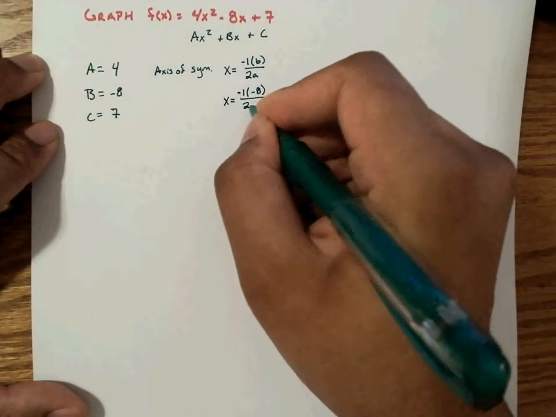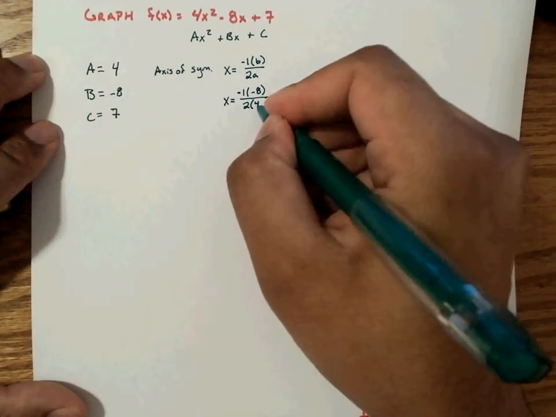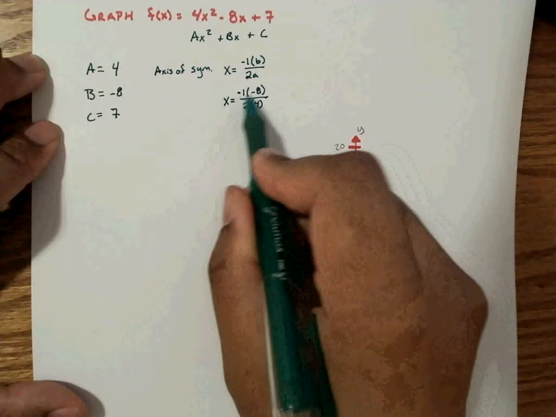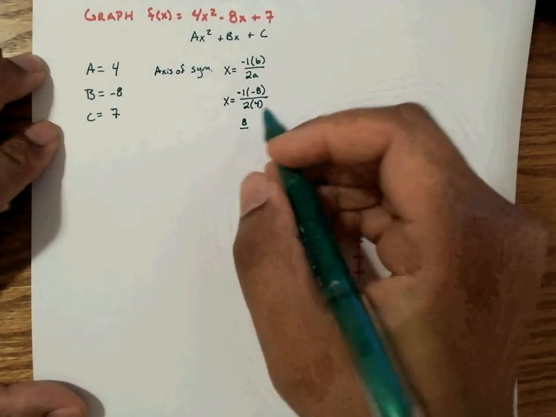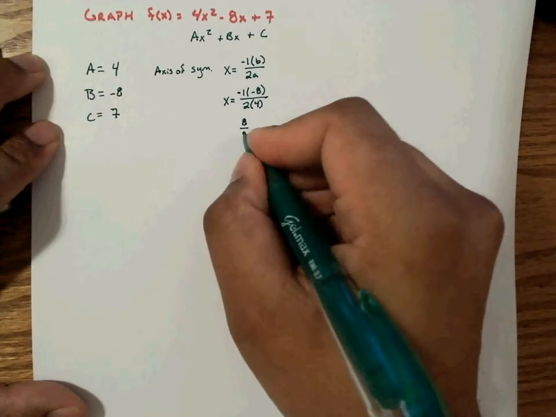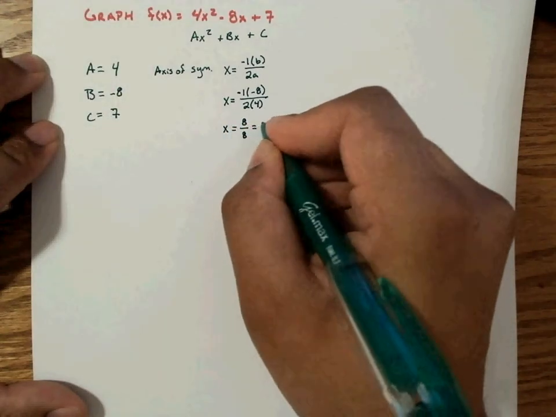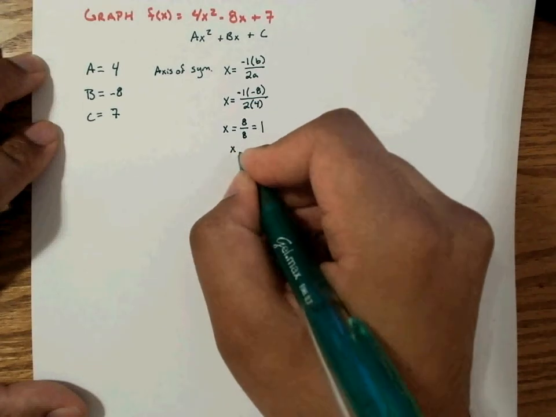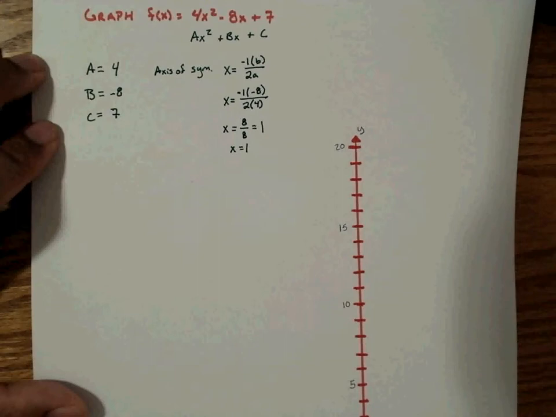We'll divide by 2a, and a is 4. So negative times a negative is a positive, so we get a positive 8. 2 times 4 is 8. And we know 8 divided by 8 is 1. So we know our axis of symmetry is 1.